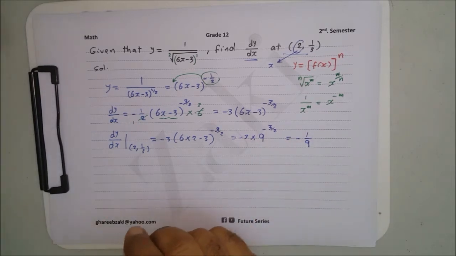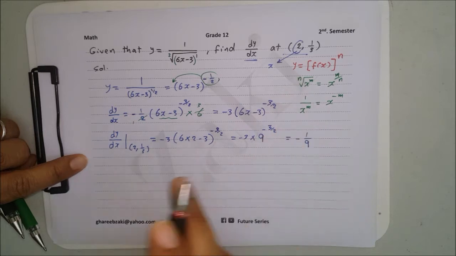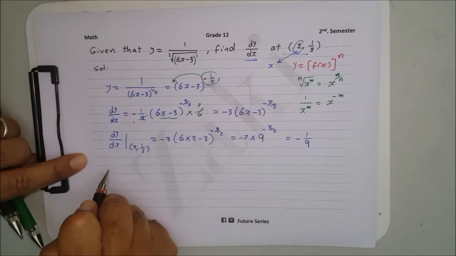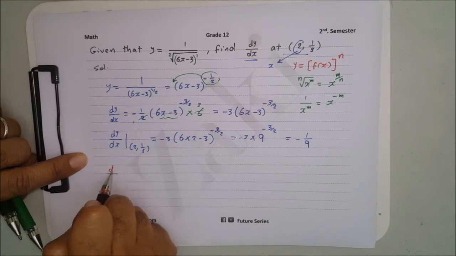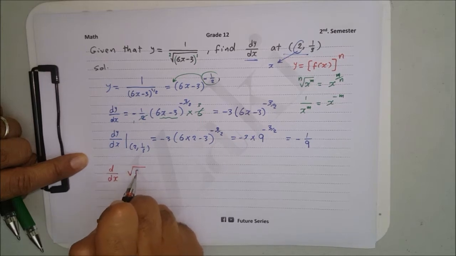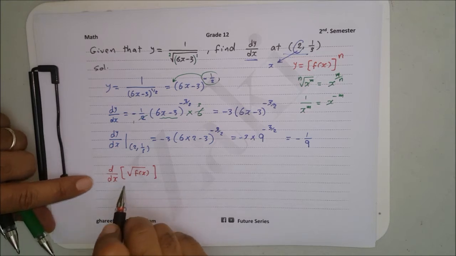We studied an example about the first rule. We have a special case about this rule, so we can take this as another rule or a separate rule. If y, or we can say d by dx, square root of f of x, what is the derivative of a square root?